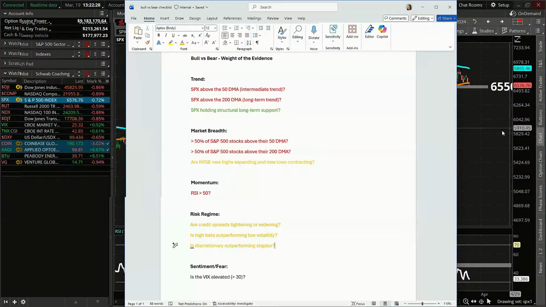Okay. So let's go into the last one, which is sentiment or fear. You want to keep an eye on this one, because typically with sentiment, we want to figure out if we're seeing more panic or more fear, because fear in an uptrend is more of an opportunity.